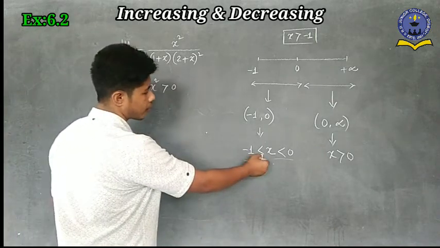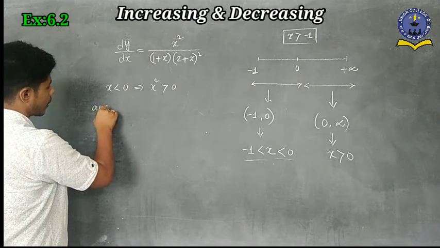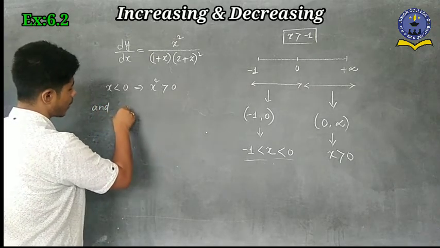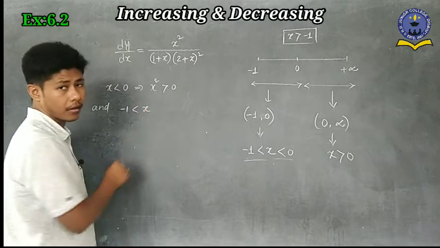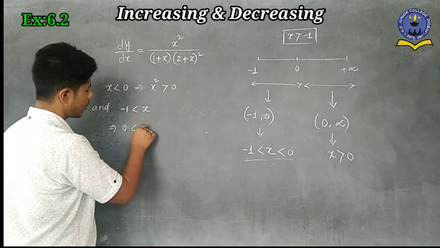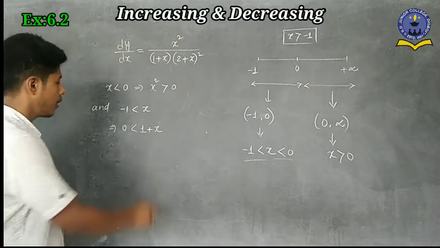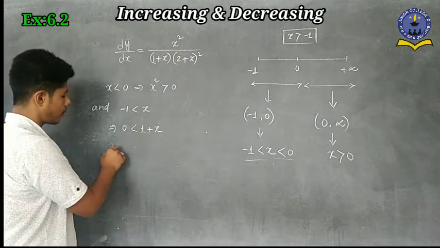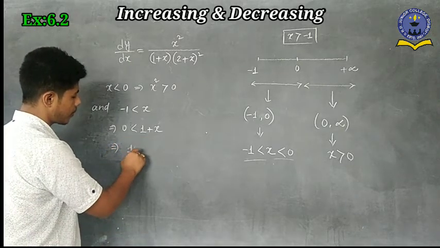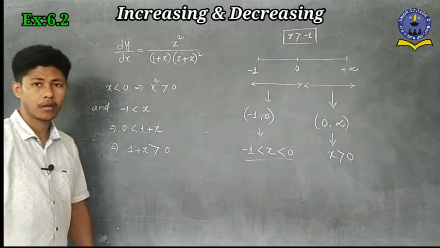If you see this next condition, the second one is here: minus 1 less than x. So adding 1 on both sides, that means 0 is less than 1 plus x. That means the meaning of this result is that the 1 plus x value is greater than 0.